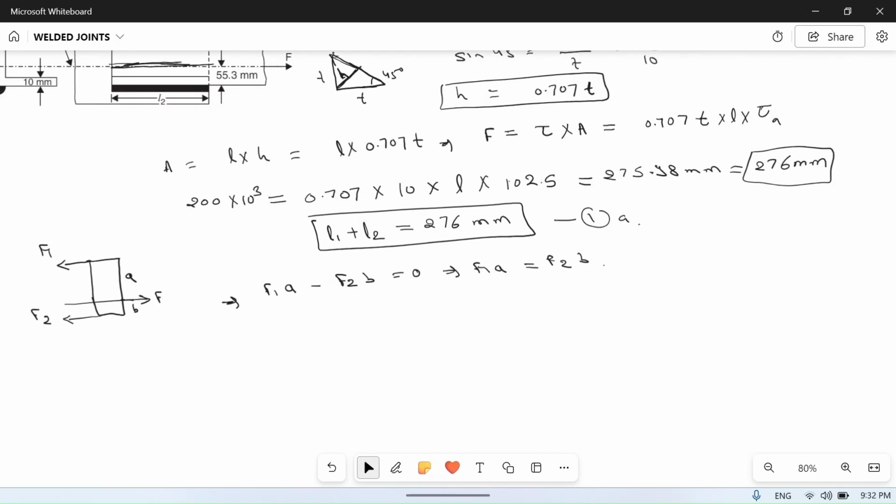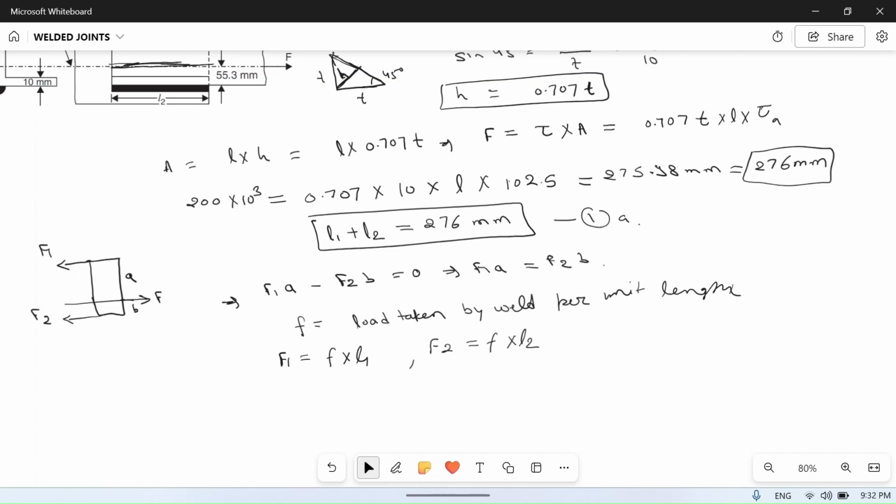Okay, now suppose load taken per unit length of welding is small f. f is load taken by weld per unit length. Okay, per unit length it is taking load f. Okay, so load taken by F1 will become equal to f into L1, and F2 will become f into L2, because everything is same.